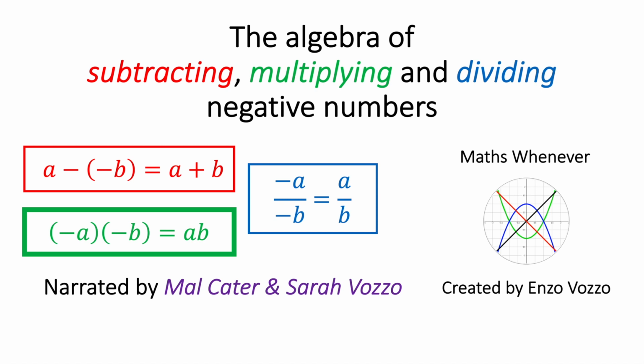And finally, negative a divided by negative b equals a divided by b, where a and b are pronumerals that represent numbers. In all three of these rules, the two negative signs on the left-hand side of these equations cancel out, and in this video we're going to see why.